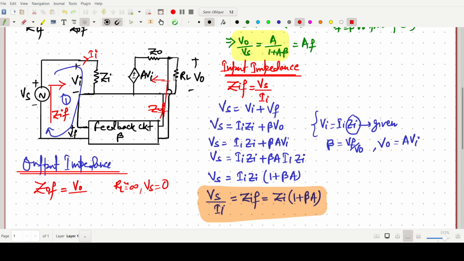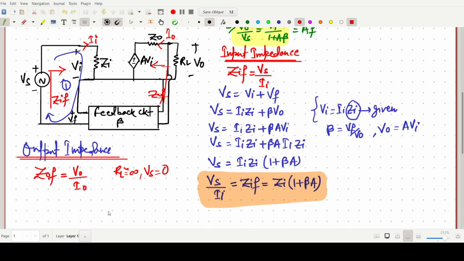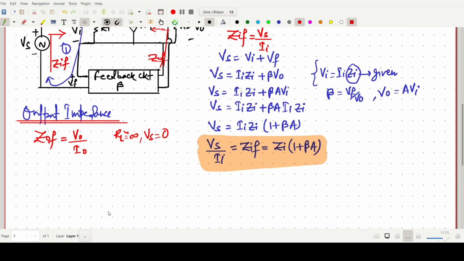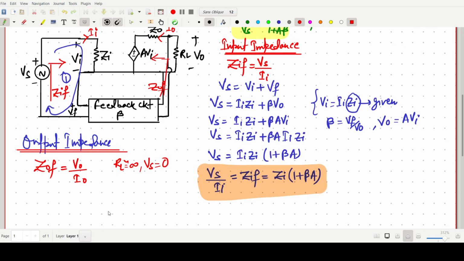So it should be V naught, and due to V naught there will be some current I naught, so the value will be V naught by I naught, the output impedance. So for this purpose, simply see this picture, we have to just apply Kirchhoff's voltage law in this section.